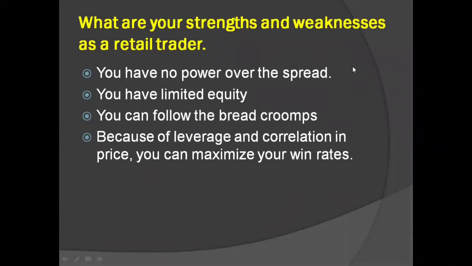And thirdly, we went on to say that one of the powers that you have as a retail trader is that you can follow the breadcrumbs. A lot of traders want to be very technical about trading, and they tend to put a lot of indicators on the screen. They add a lot of trade patterns, this, that, and they are trying to predict the market.